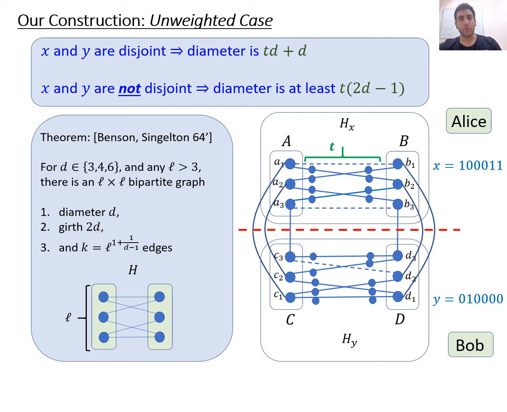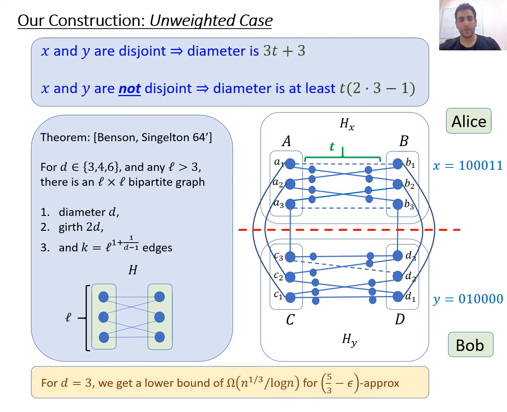Without going into the calculations, let me tell you what this gives us. When we set d to 3, we get a lower bound for 5/3 minus epsilon approximation. When we set d to 4, we get a lower bound for 7/4 minus epsilon approximation. And when we set d to 6, we get a lower bound for 11/6 minus epsilon approximation, which is our main result.